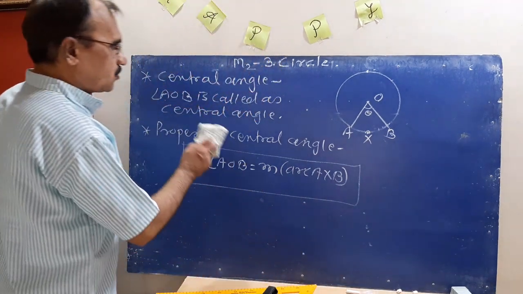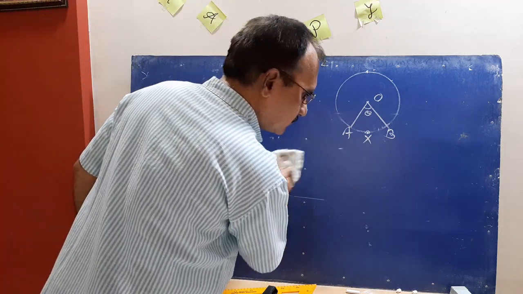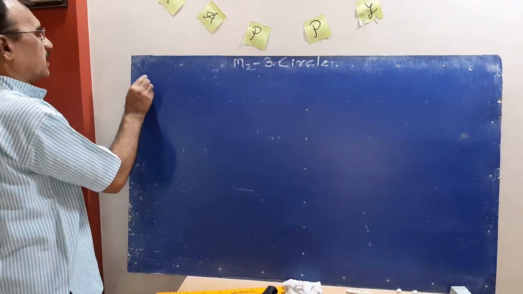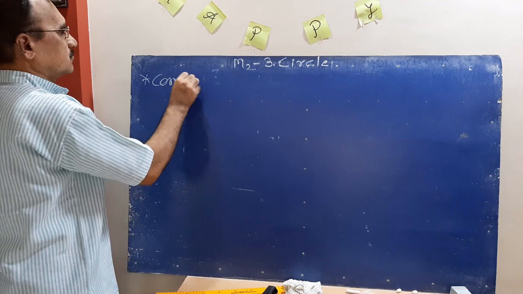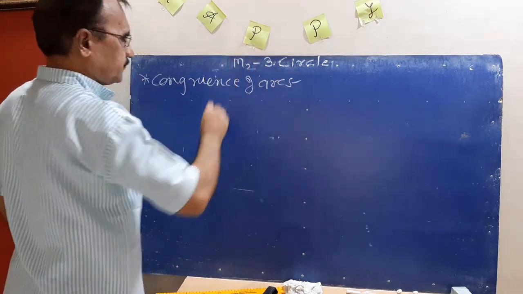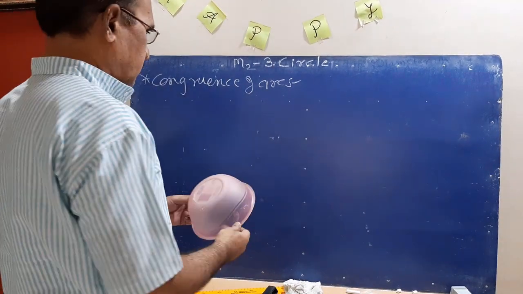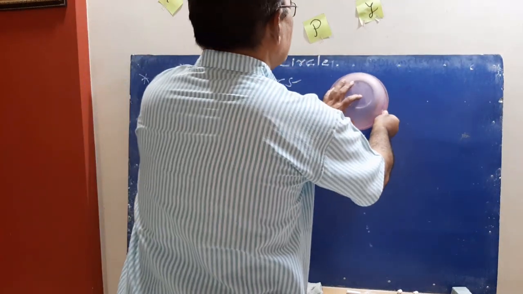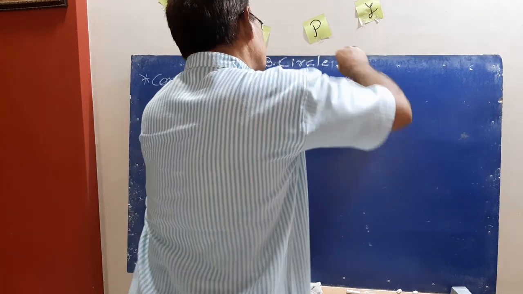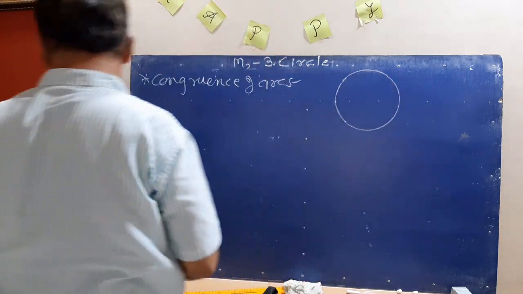Now, congruence of arcs. Again draw one circle. With the help of this teaching aid, I can draw a circle here.